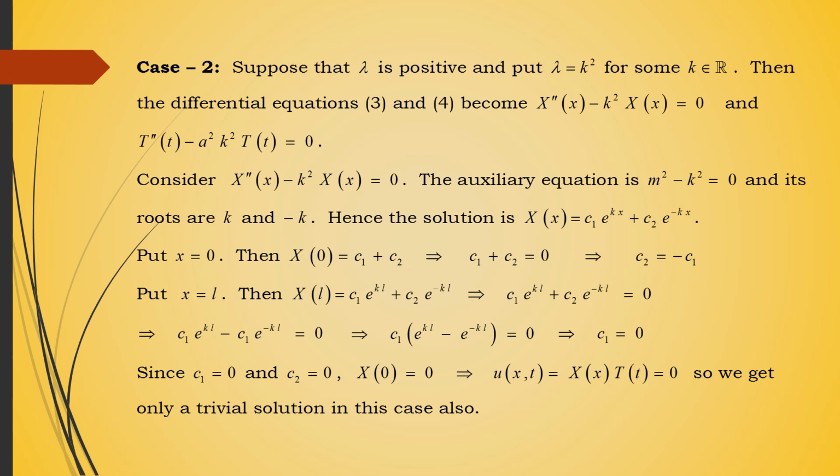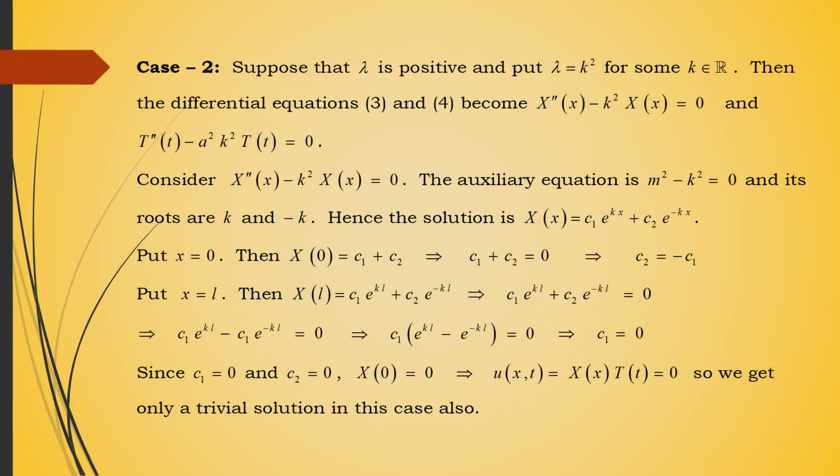This is a second order homogeneous linear differential equation with constant coefficients. So we write its corresponding auxiliary equation. The auxiliary equation is m square minus k square equals 0, which implies (m plus k) times (m minus k) equals 0.